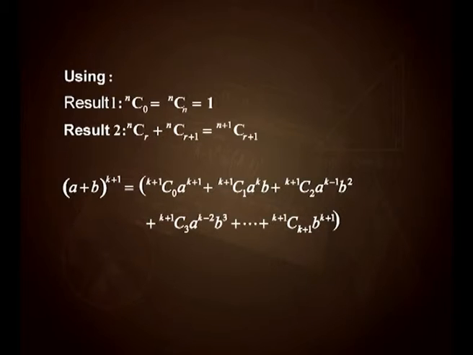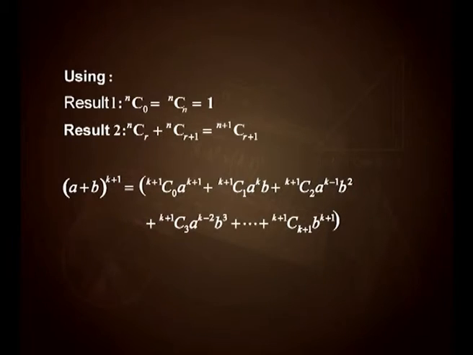So, using both the results 1 and 2, this expansion gets rewritten as (k plus 1)C0 a to the power k plus 1 plus (k plus 1)C1 a to the power k times b plus (k plus 1)C2 a to the power k minus 1 b squared plus so on, and the last term is (k plus 1)C(k plus 1) b to the power k plus 1.